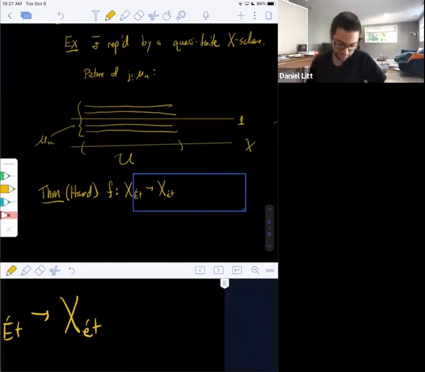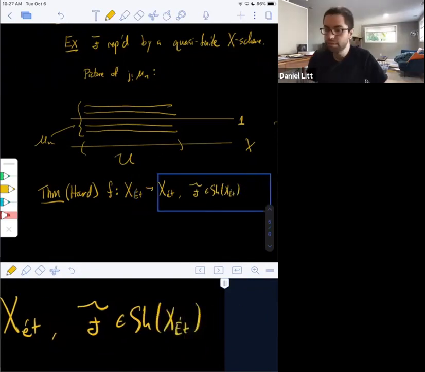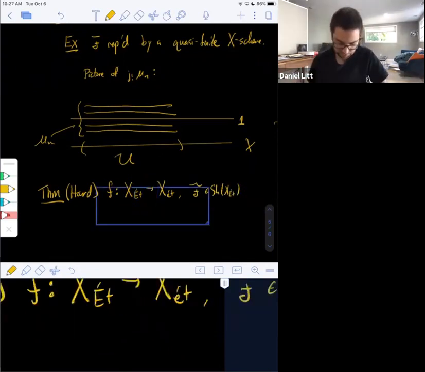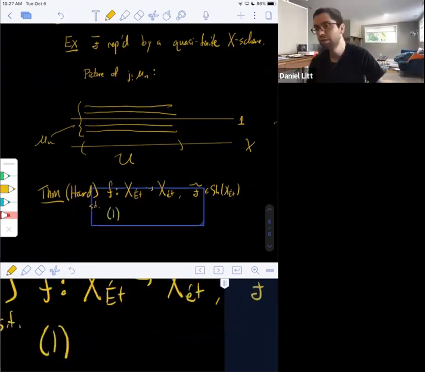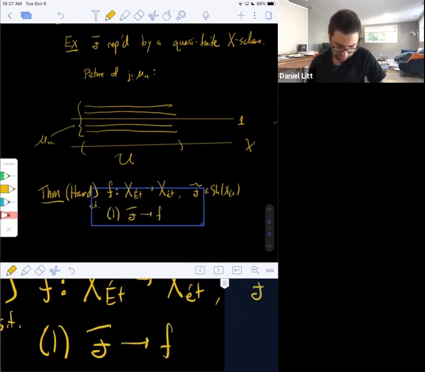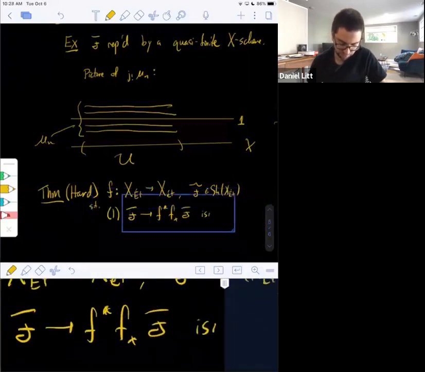So suppose I have this map, and I have F, which is a sheaf on the big Etale site, such that two conditions hold. One, there's a natural map from F to f upper star f lower star F, and you want this to be an isomorphism.